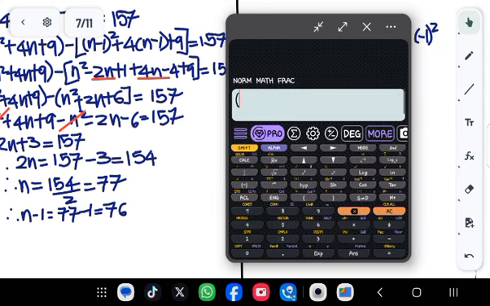So 77 squared plus 4 times 77 plus 9 minus, open bracket, 76 squared plus 4 times 76 plus 9, close bracket, and that gives us 157.